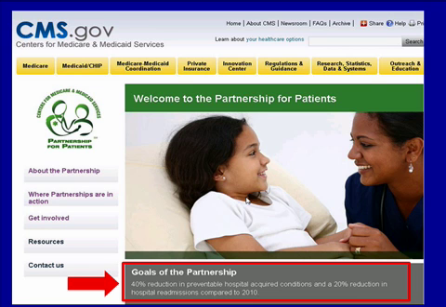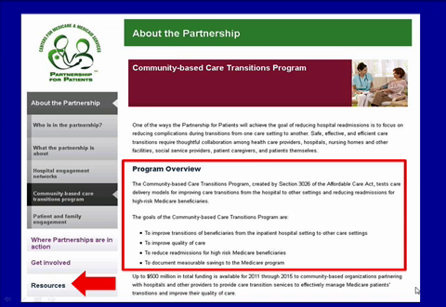I think there's just a tremendously helpful set of information here that the goals of the partnership really are focused on reducing preventable hospitalization and readmissions, but it's also, the aim is focusing on enhancing quality to reduce admission and to adjust the cost downward. So again, lots of great information on this website.